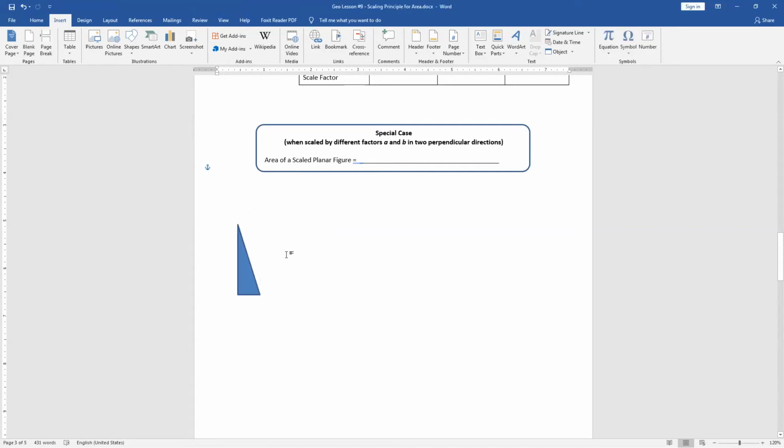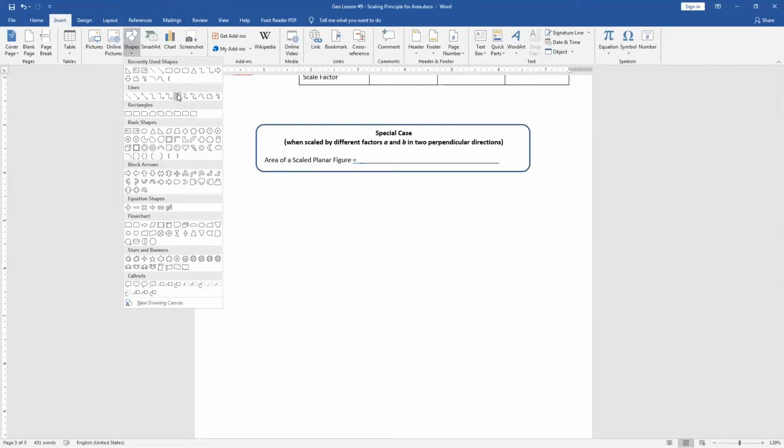So for the new area, all we have to do is multiply the original area by 2 and by 1/3, by our two scale factors.